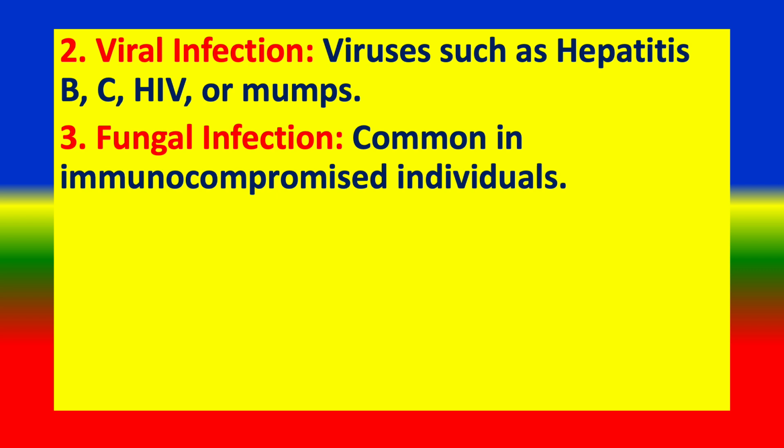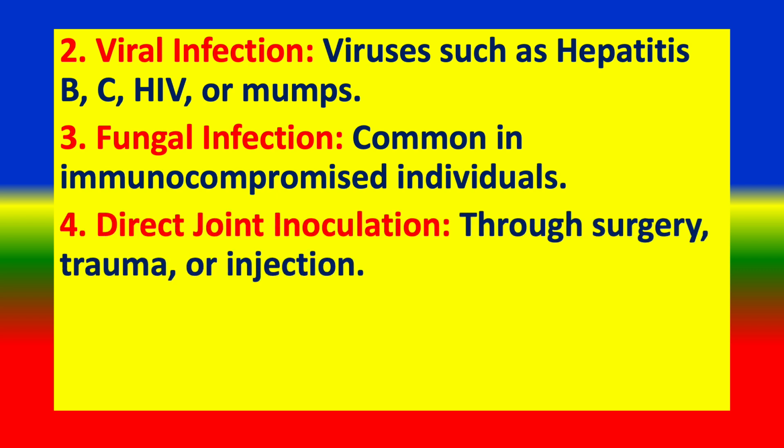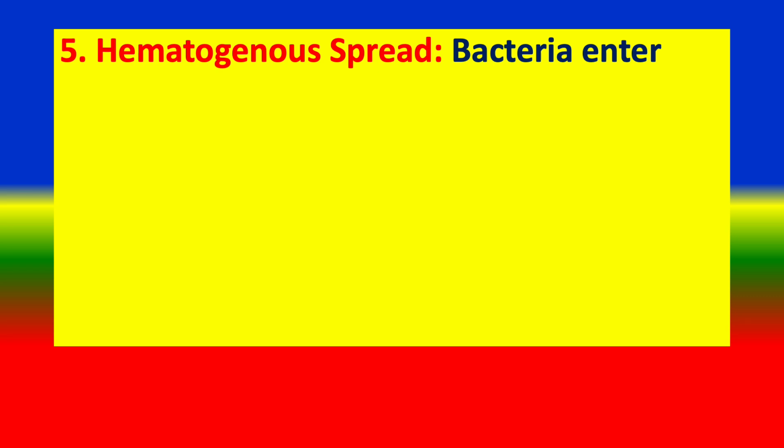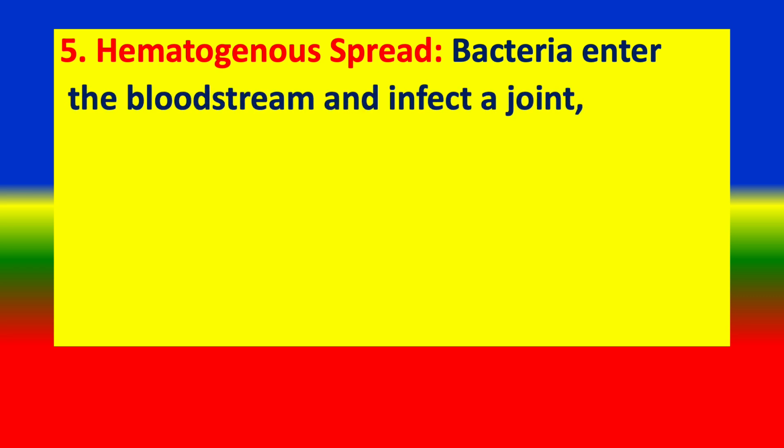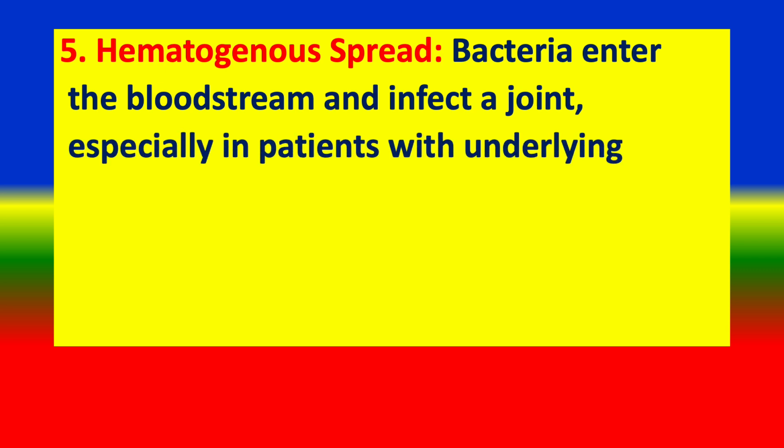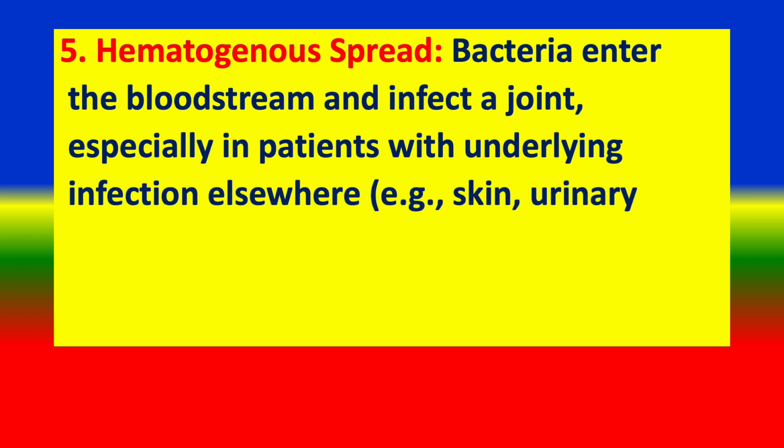Fungal infection, common in immunocompromised individuals. 4. Direct joint inoculation through surgery, trauma or injection. 5. Hematogenous spread, bacteria enter the bloodstream and infect a joint, especially in patients with underlying infection elsewhere. Example: skin, urinary tract.